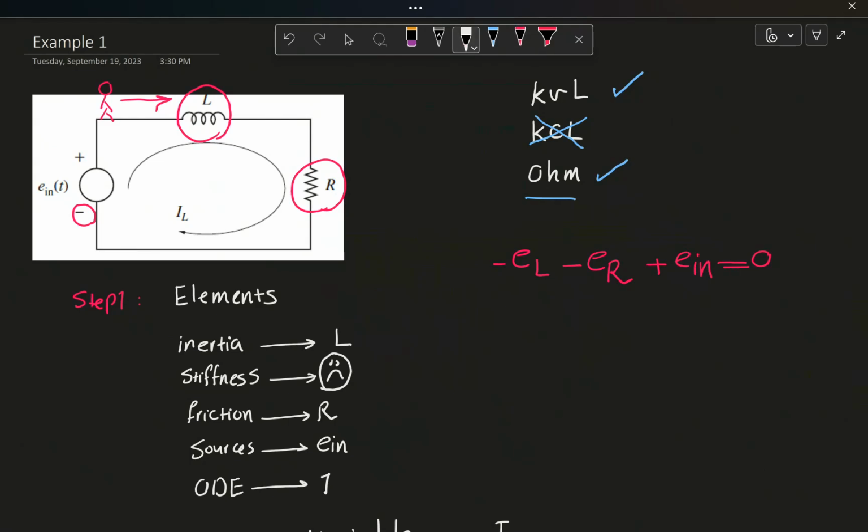So the next thing that we can use is Ohm's law. For Ohm's law, let me just bring the KVL up over there.